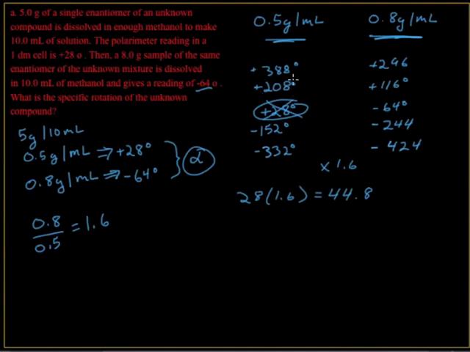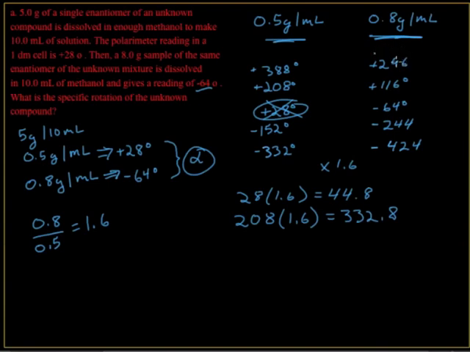What about the 208? 208 times 1.6 equals 332.8. Okay, and again, we don't have a 332.8 in this column.